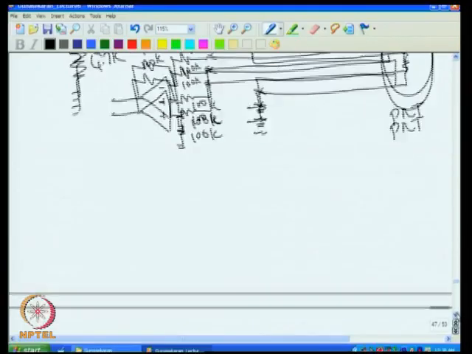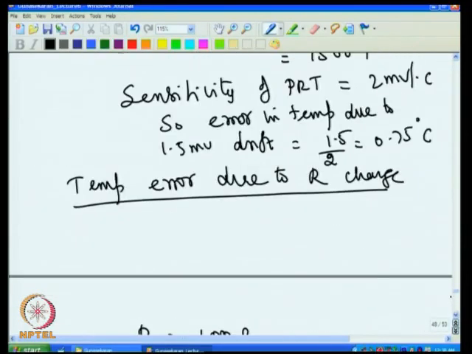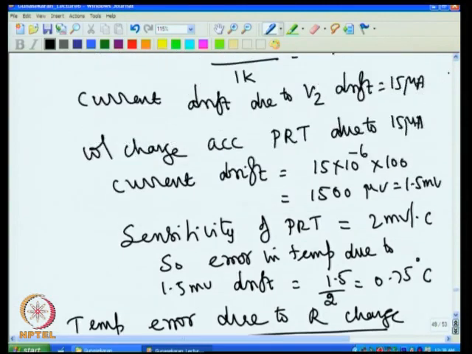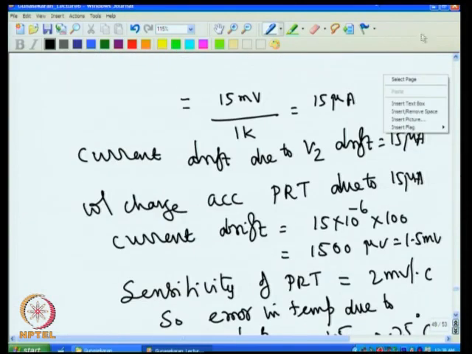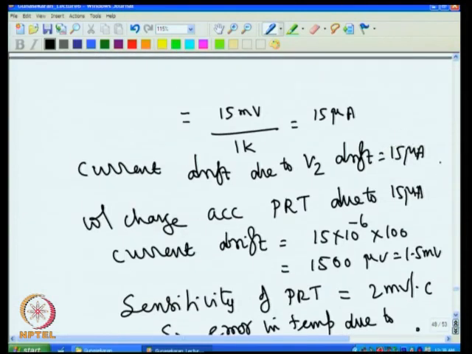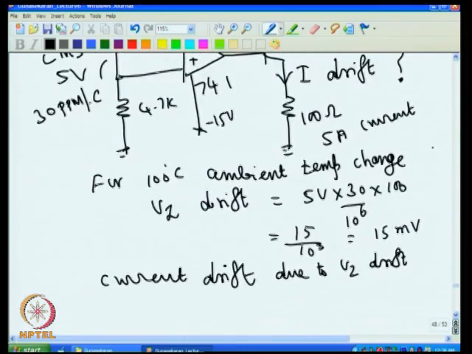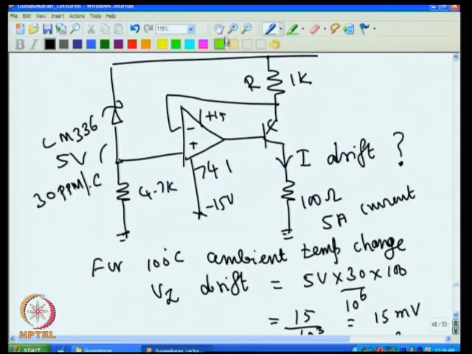That is, we used the Zener diode referred to the supply voltage, because the Zener diode is kept between the supply and the op-amp.